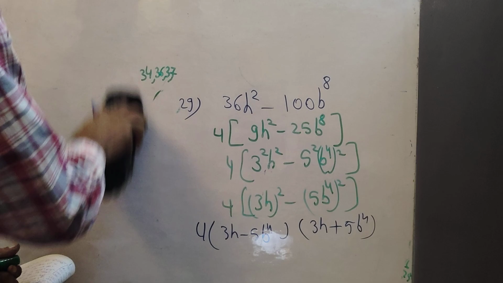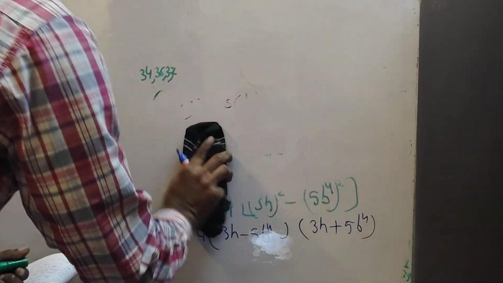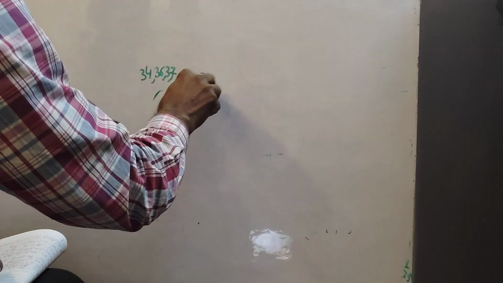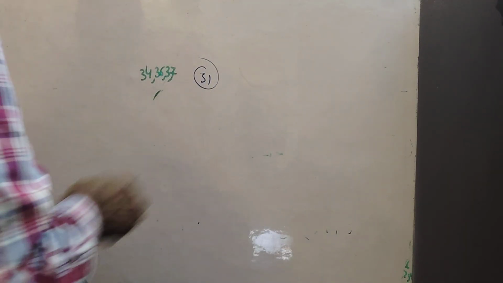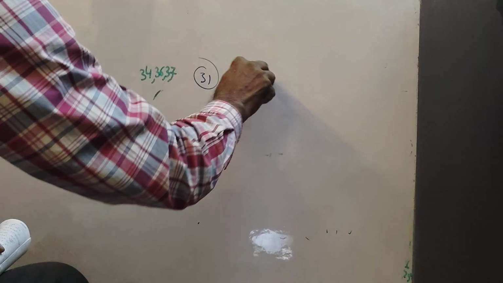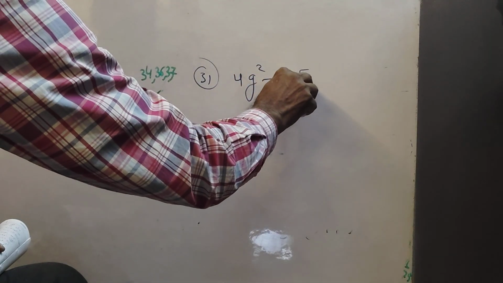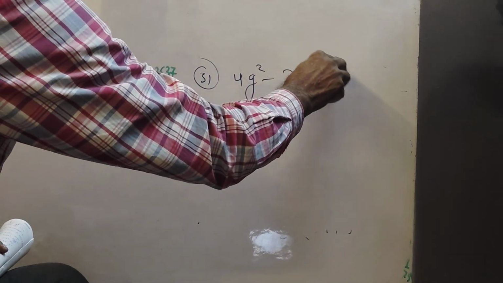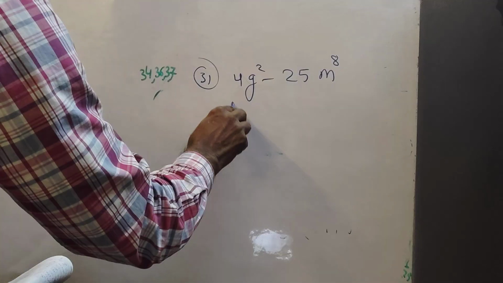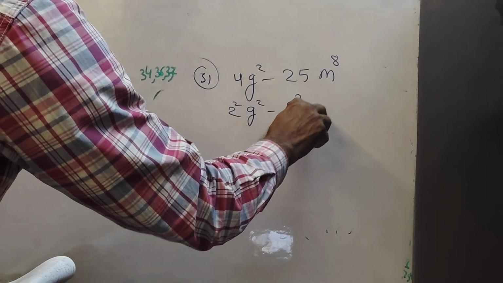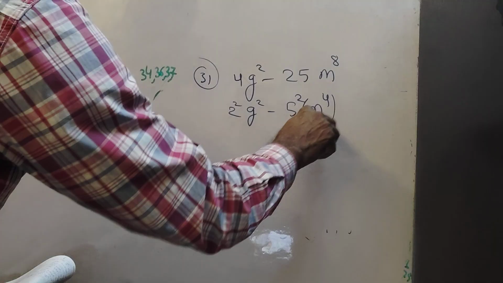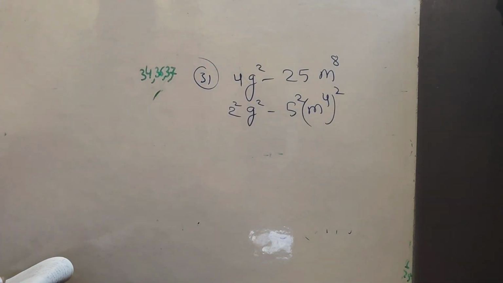Next is 31. Question number 31: 4g squared minus 25m raised to the power 8. So here 4 is written as 2 squared, 25 is written as 5 squared, and m raised to the power 8 is written as (m raised to the power 4) squared.